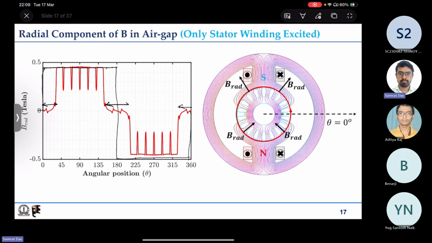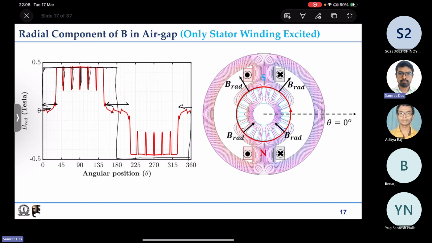That is why there will be a sharp decline in the B distribution in these regions, whereas B will be quite high under the pole. And again, at the slot opening, because there is some effective increase in the length, there are some dips in the slot opening regions.